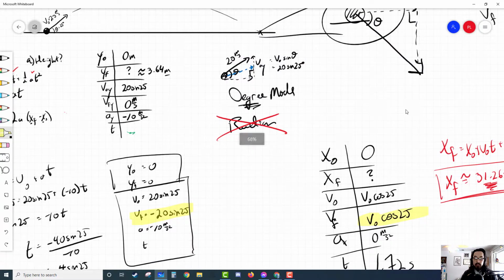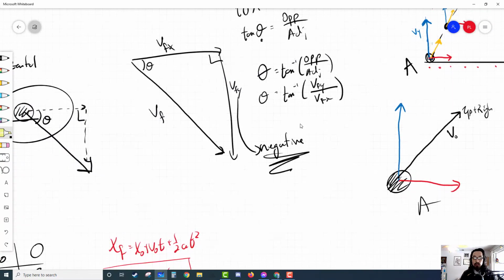If we plug that in here, we should get an angle of, dun, da, da. What is our angle? 25 degrees with the horizontal.